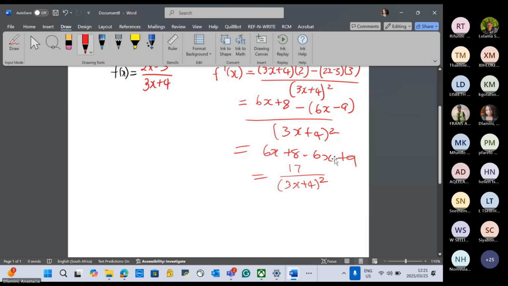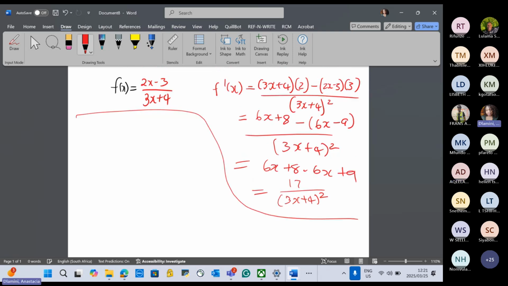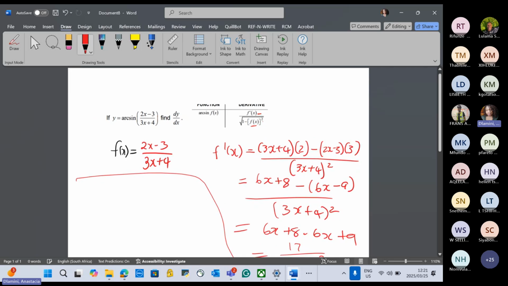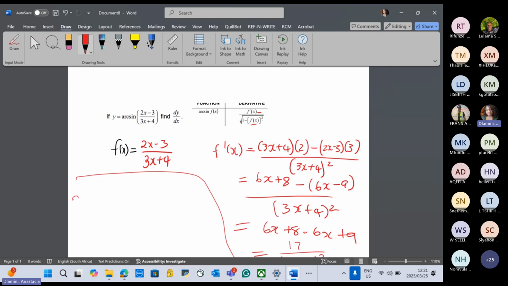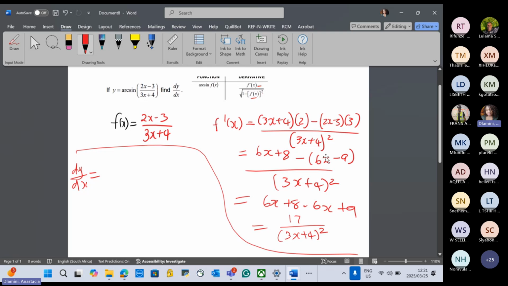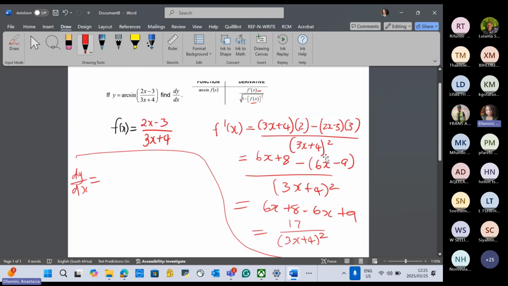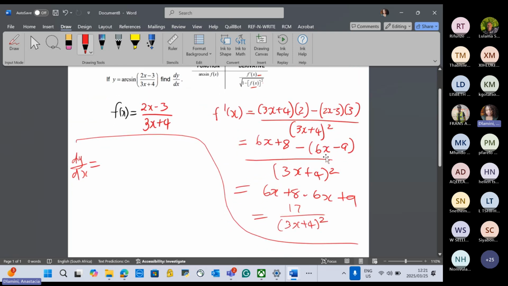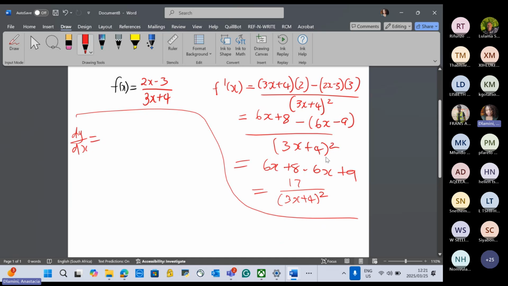Yes. Thank you. So let's go and substitute. So they say dy over dx is equal to the derivative. So in this case, can I show you something? Sometimes I don't like writing things like this, right? You see, this is a fraction, guys.